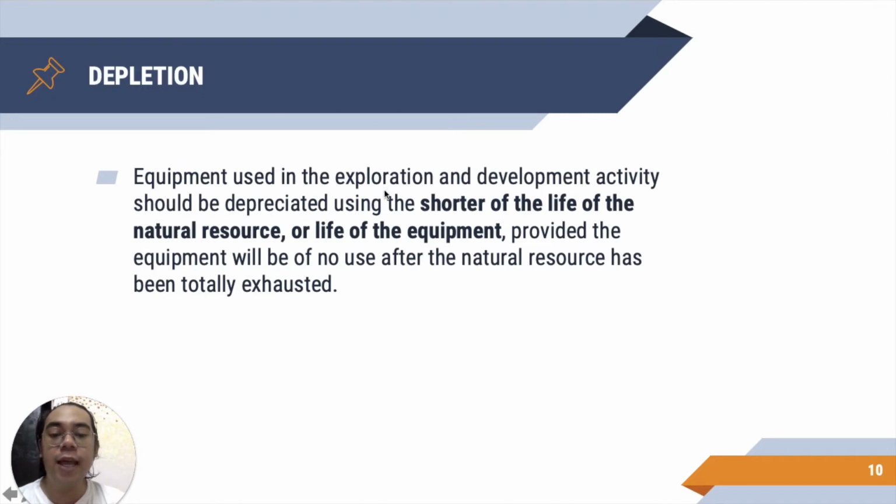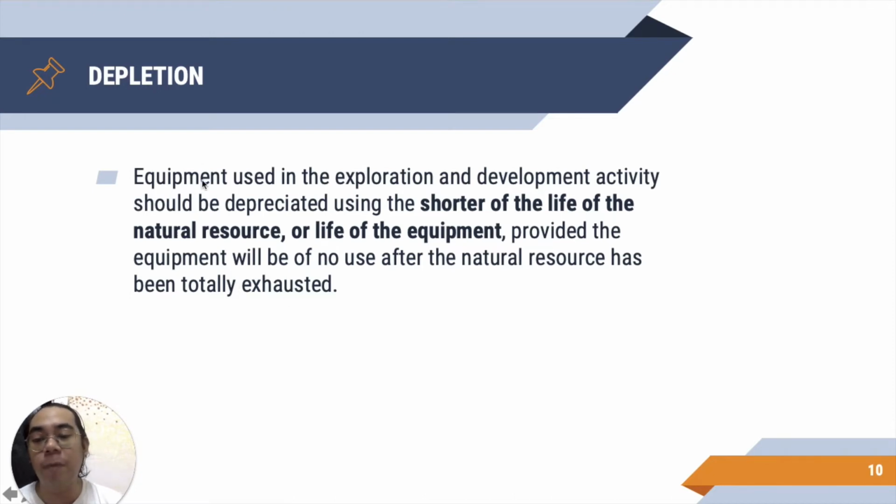Equipment used in the exploration and development activity should be depreciated using the shorter of the life of the natural resource or the life of the equipment, provided the equipment will be of no use after the natural resource has been totally exhausted.